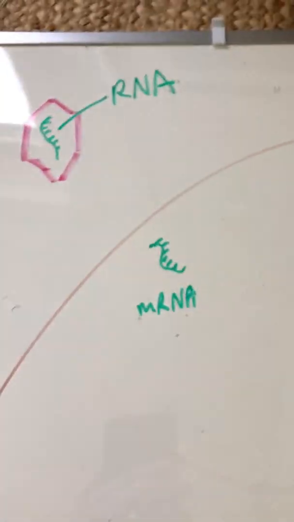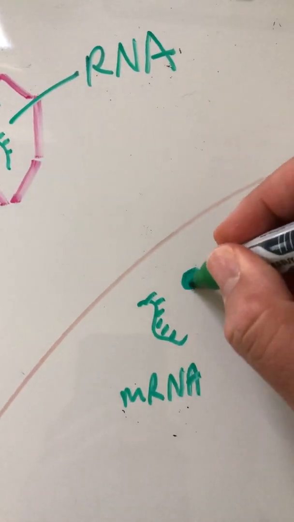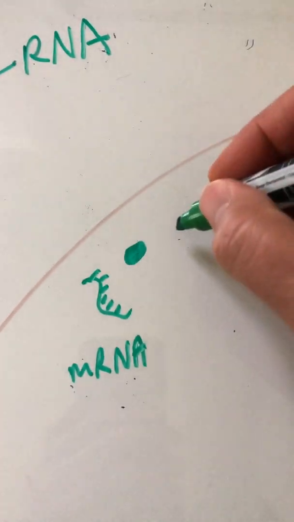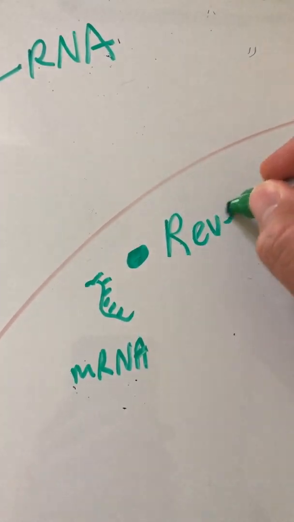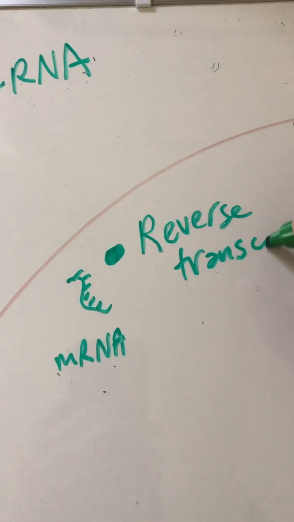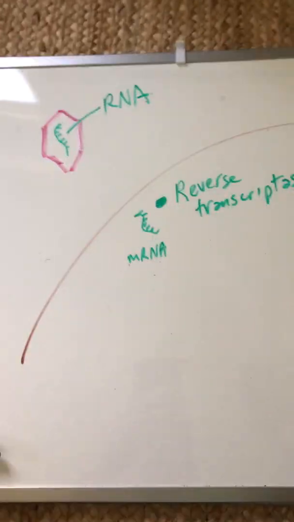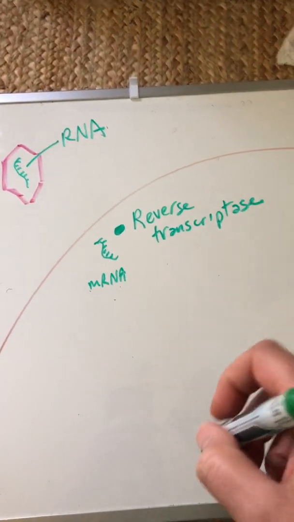And it also inserts at the same time a little protein with it. This protein we call reverse transcriptase. And you should be able to guess what that enzyme does, honestly.